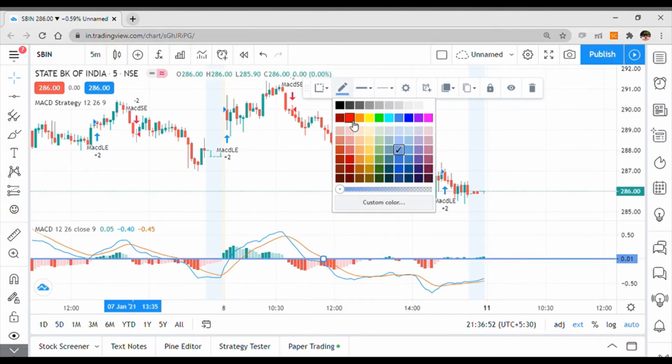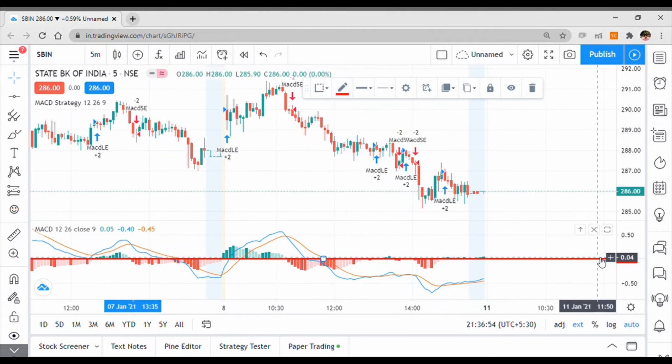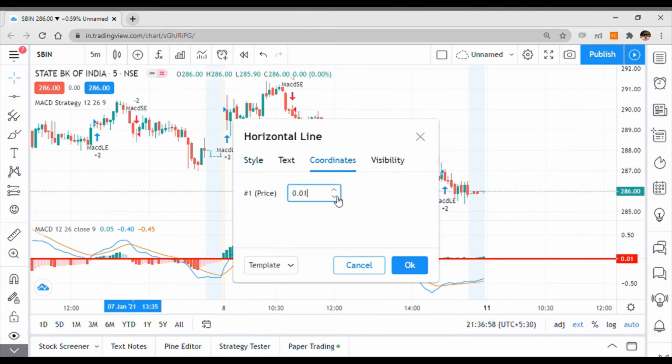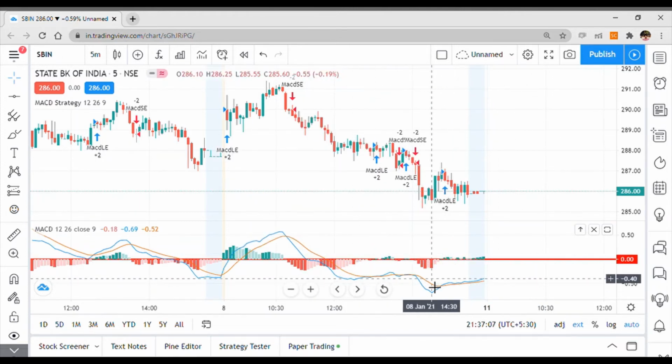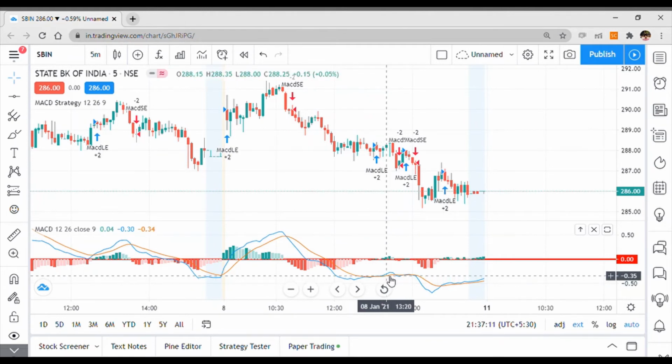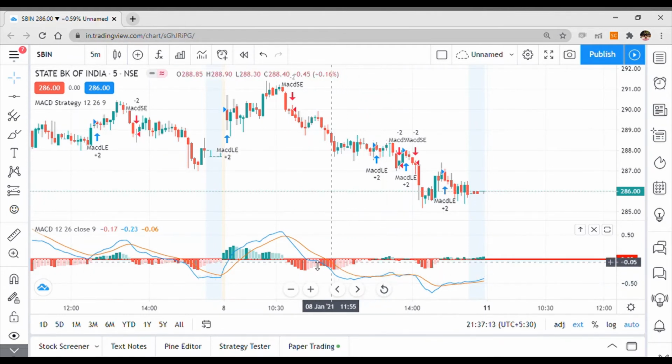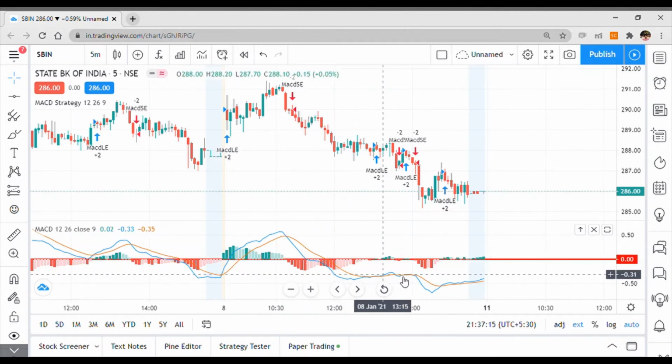This is zero line. We are going to buy only when both lines are below the zero line.